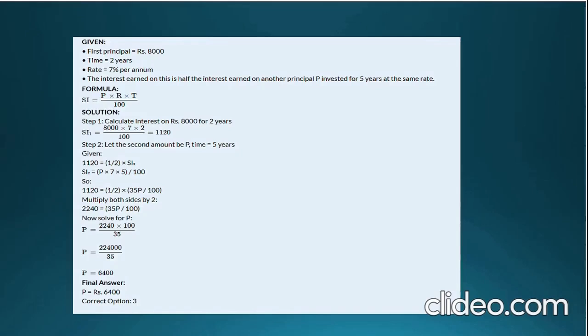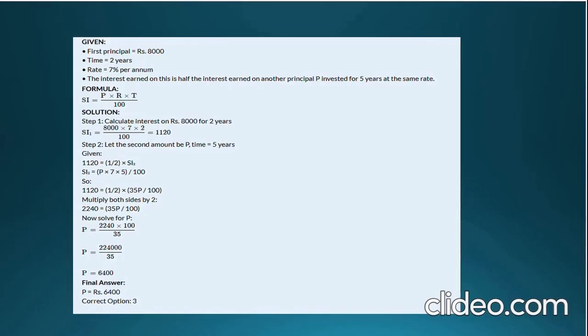Step 2, we will calculate the second amount. Let us say it is P for a time of 5 years. So the interest is the same, 1,120, and it is half of the interest in the second case, 1 by 2 into SI2. That is the simple interest for the second case. So SI2 will be P into 7 into 5 by 100.